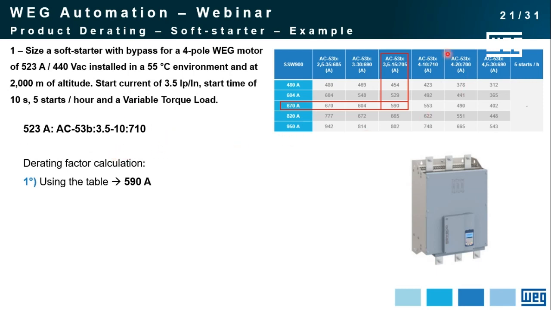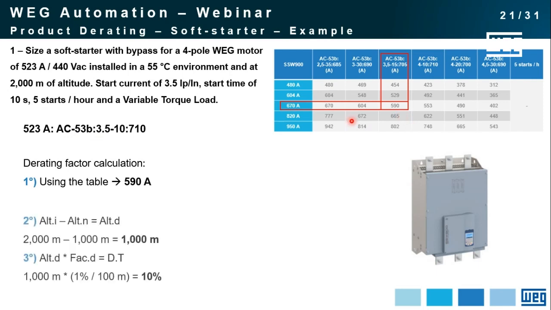And by using this table, let's say we take a 670 amp soft starter and we cross it with this information here, with this application, which is quite close to what we have here, this soft starter can deliver up to 590 amps. Then we apply the altitude derating factor.